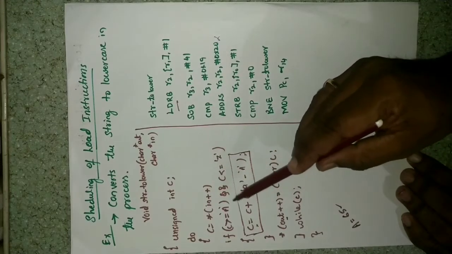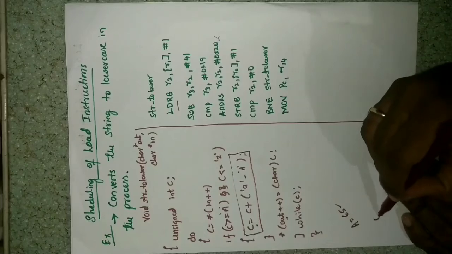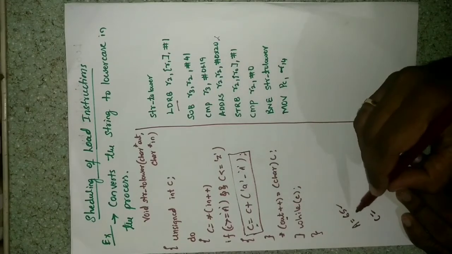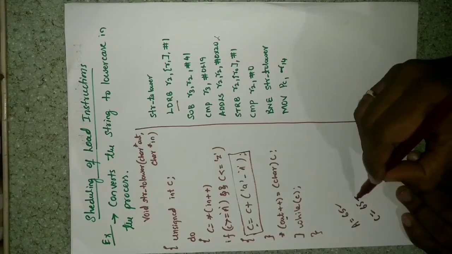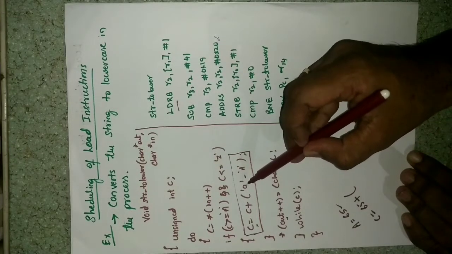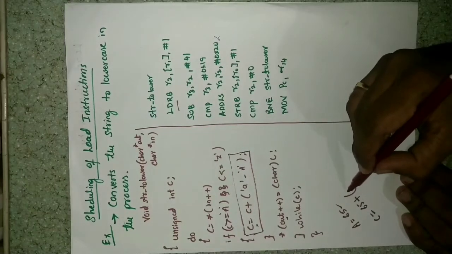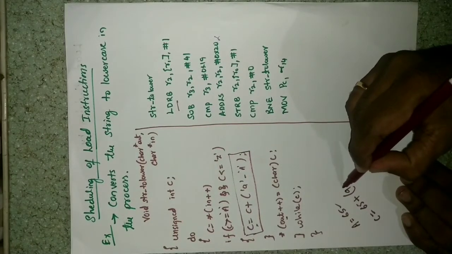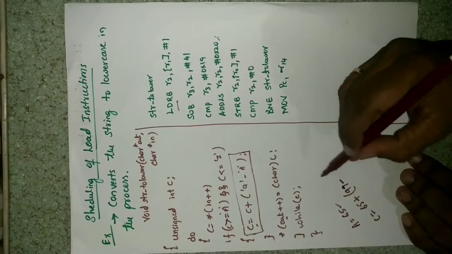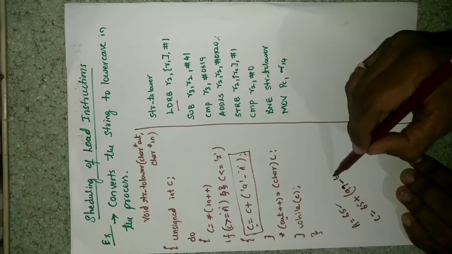So it is satisfied. If the condition is satisfied, now c is equal to, what happens here, c is 65 in decimal plus the small letter a, the ASCII value of small a, which is 97, minus the ASCII value of capital A, which is 65.